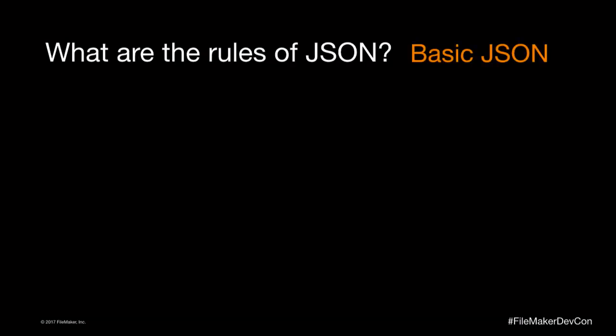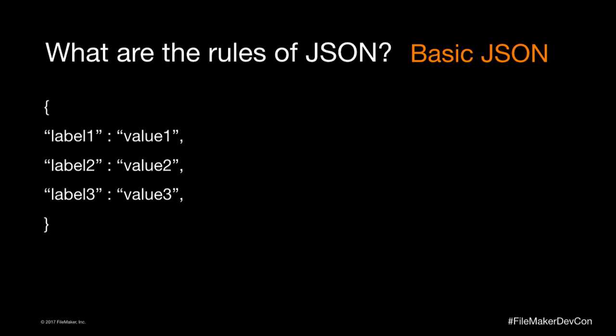All right. So there's two kinds of JSON, or JSON formats. Right? There's simple and complex, and there are degrees along the way, but basic JSON is fairly straightforward. Right? So this is the format right here, where you have a little bit of text in here, and right now we've just made these generic, label 1, value 1, and so on.